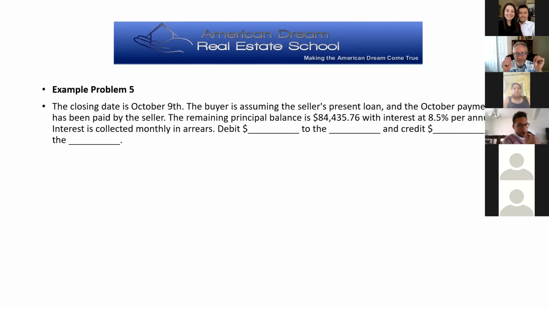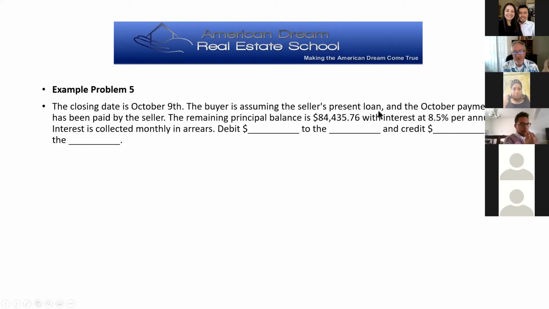I read it differently. You have to read the paragraph, because sometimes the words say the buyer assumes the seller's present loan, so that's how I got the debit to the buyer. That's how I look at it.